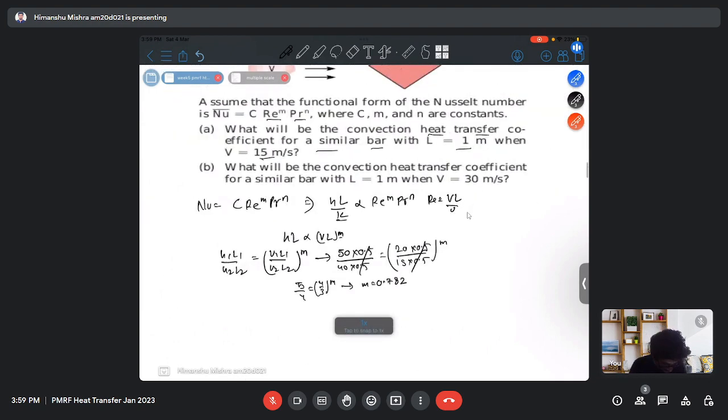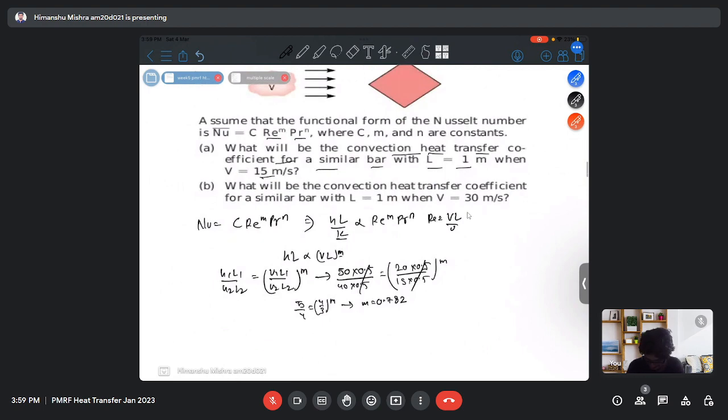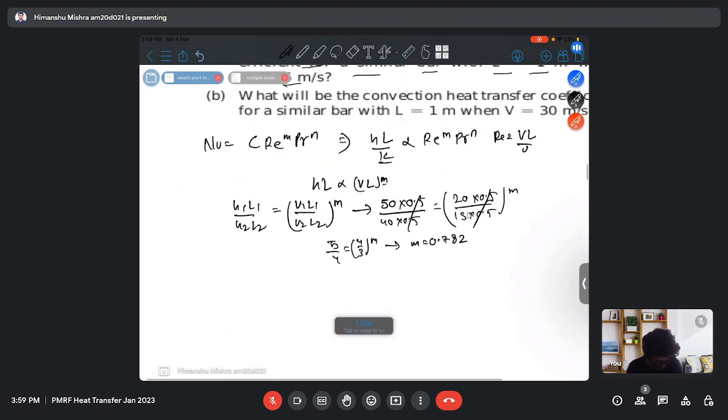So the first part says that what will be the convection heat transfer coefficient when L is 1 meter and velocity is 15 meter per second. So we can use the same relation here.